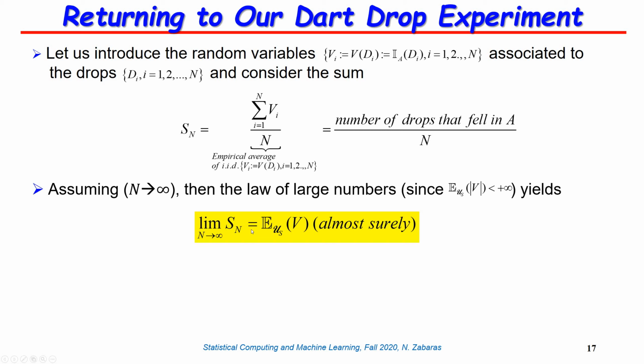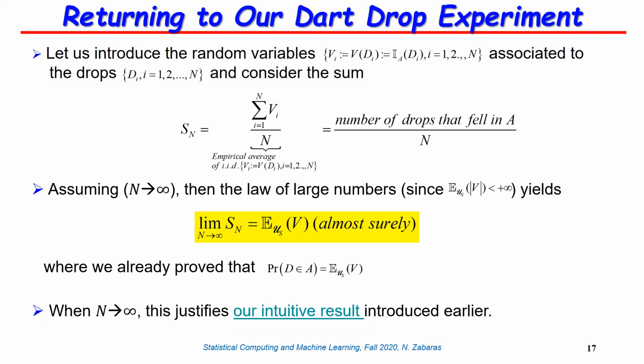So this Sn, as n goes to infinity, approaches this expectation. And you remember the expectation, because v is a binary variable, is the same as the probability that I will hit the circle, and that probability is pi over 4, because the area of the circle is pi, the radius is 1, and the area of the square is 2 times 2, so it is equal to 4.